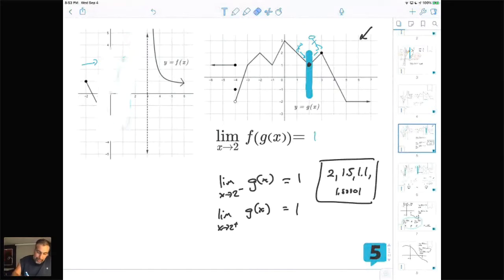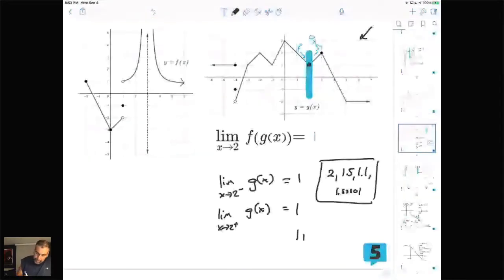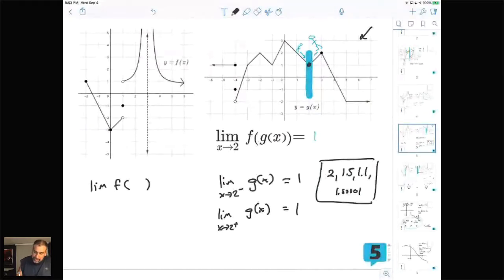What that means now is when you look at what happens with the outside part, let me write that over here, what happens when we do the limit as f, and I'm leaving this blank because the g of x is what's changing. This g of x, I know it says that x goes to 2, but this was applied to the g of x.